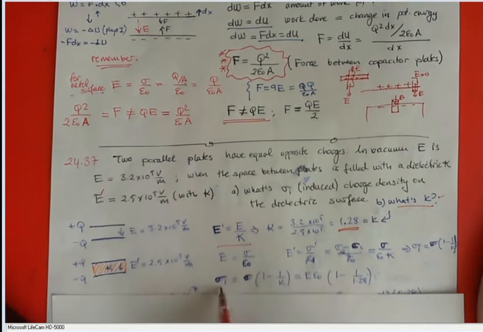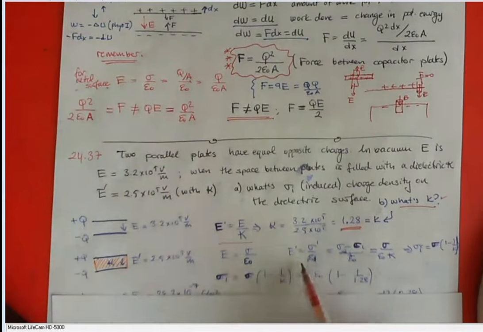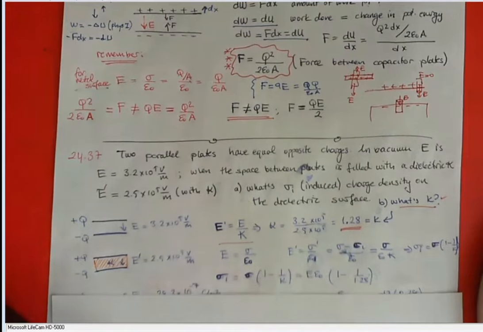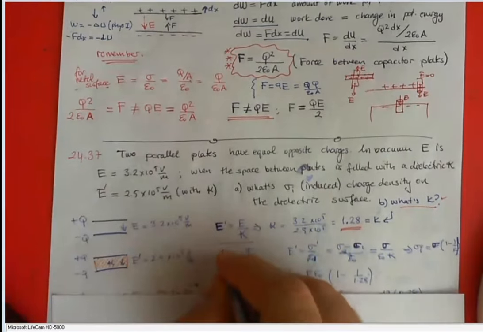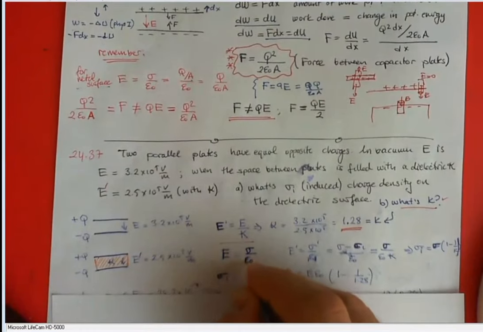Remember from our formula, sigma induced is sigma times 1 minus 1 over kappa. Where is that formula coming from? The electric field is sigma divided by epsilon 0.